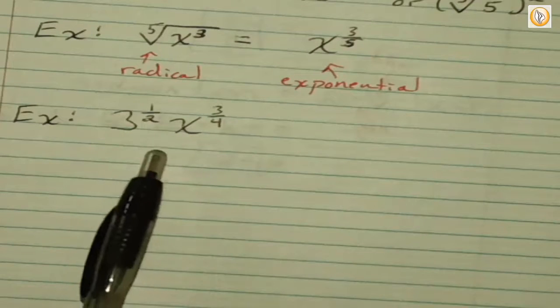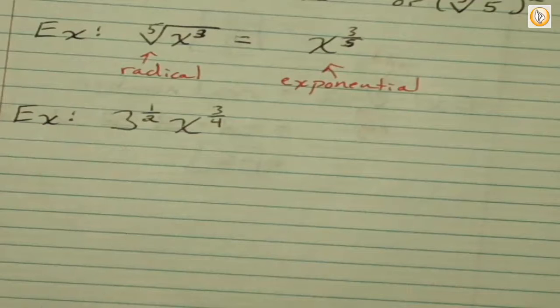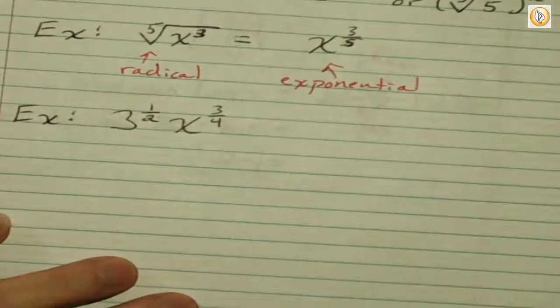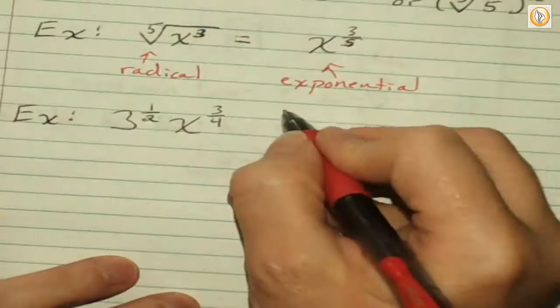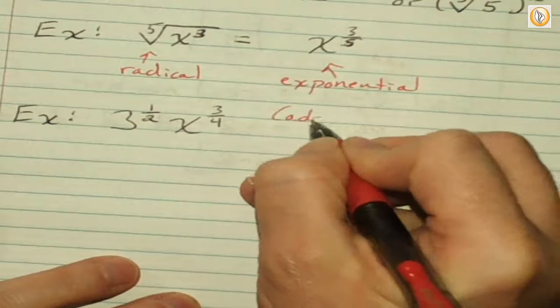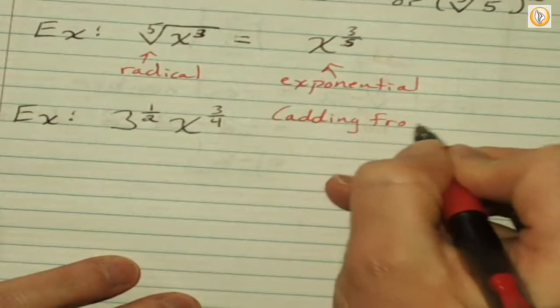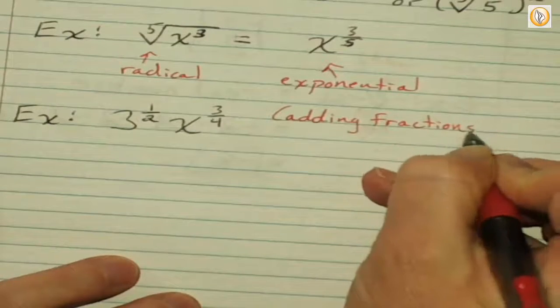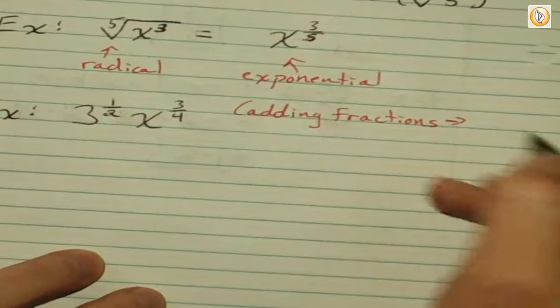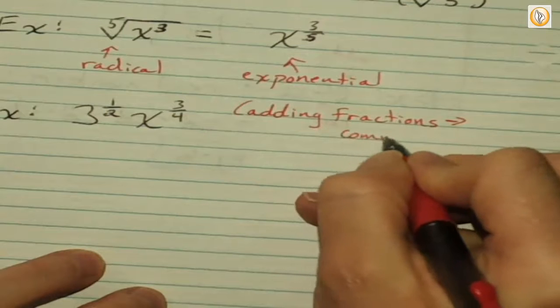To solve this, you have to follow a rule. You have to follow the rule of when you are adding fractions. It's what you're basically doing. What's the rule when we add fractions? You have to get a common denominator.